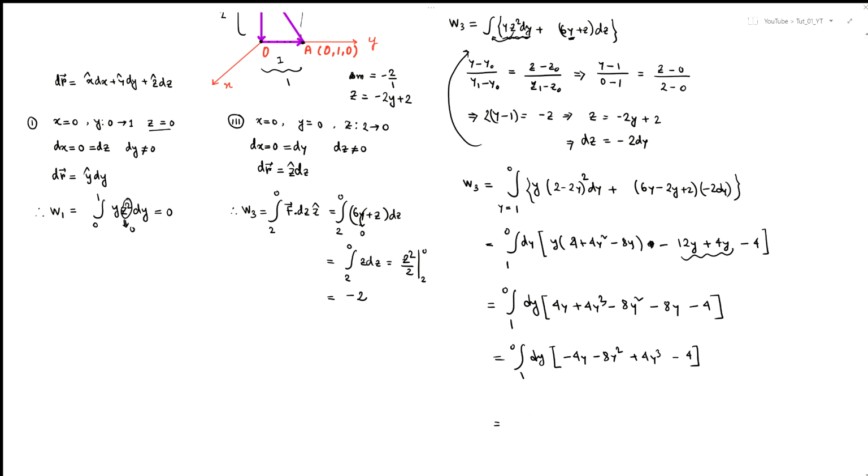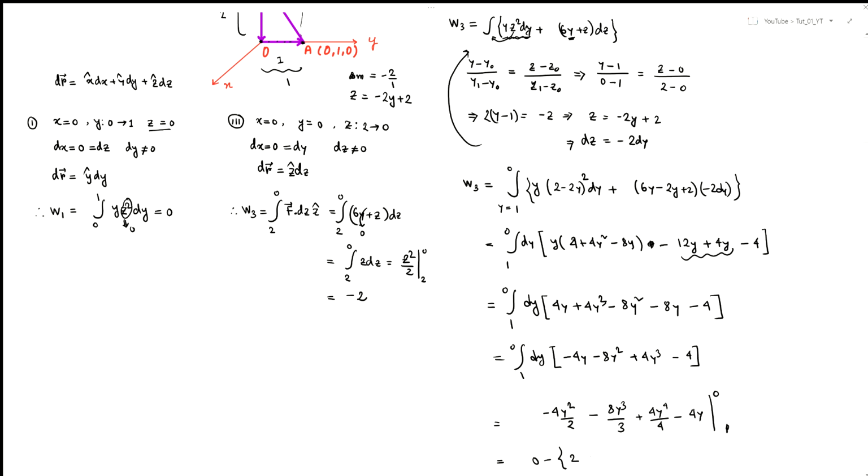So this will give minus 8y squared by 2, then 4y cubed by 3, 4y to the power 4 by 4, minus 4y. Now put the limits 1 to 0. First if you put y equal to 0, everything will become 0. Minus. Now you put 1.